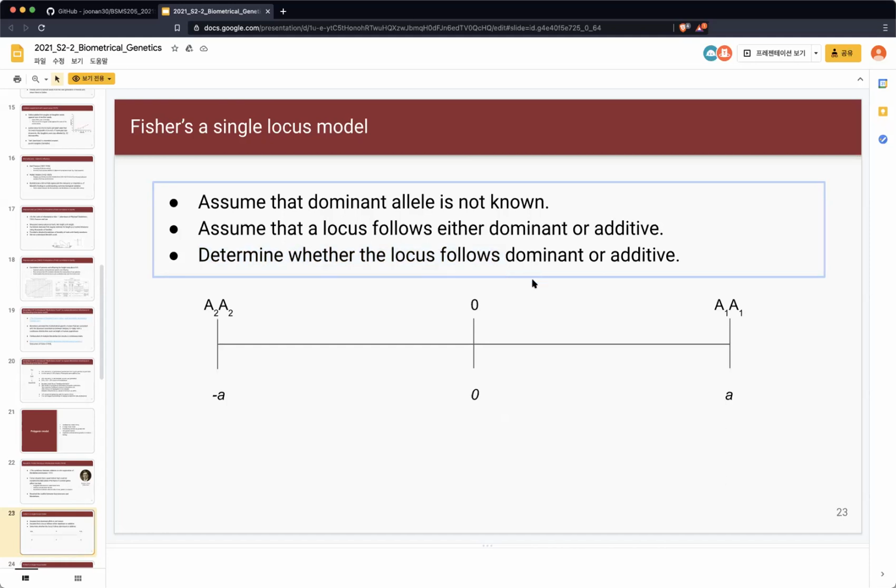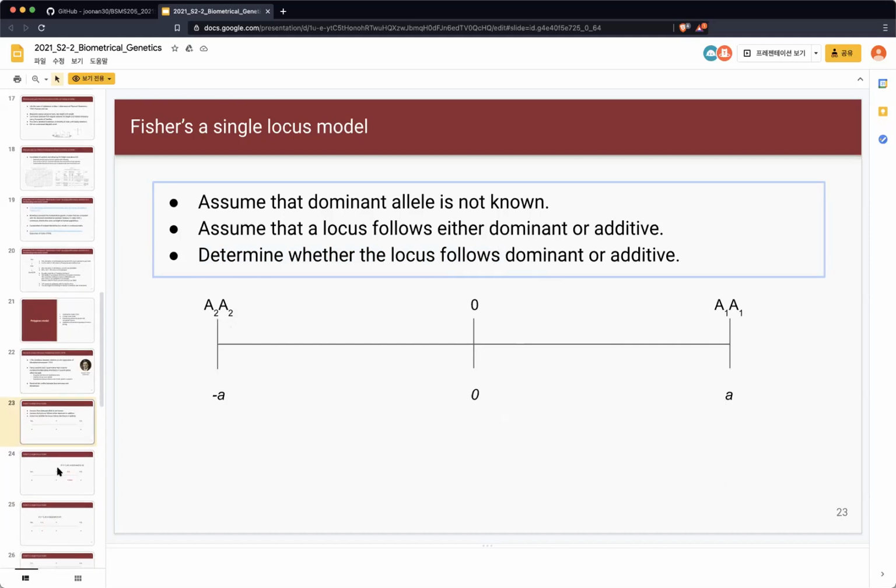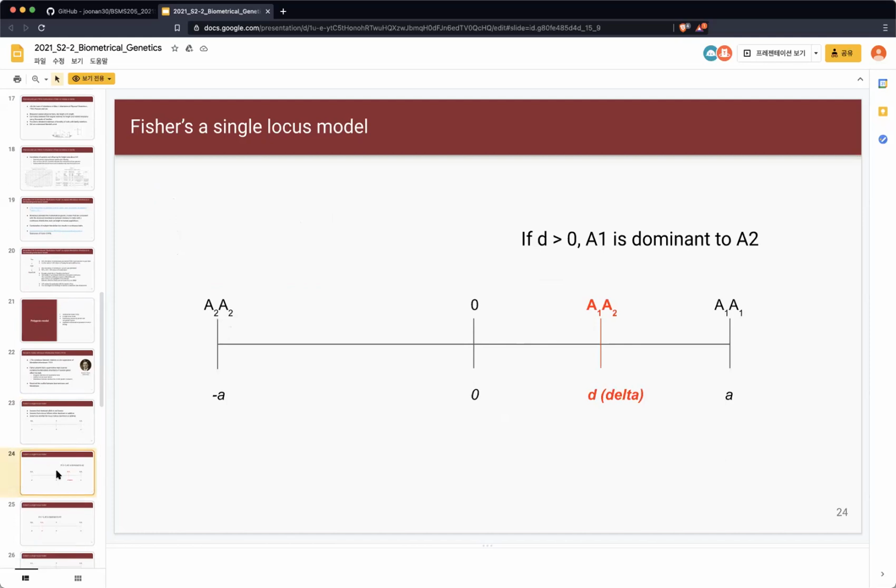So what we can have is an A1 allele or an A2 allele. So it can form the A1A1 genotype, the A2A2 genotype, or the A1A2 genotype. Okay, so let's think about the heterozygous A1A2 genotype, and it has a phenotype value somewhere between 0 and a, right? So let's say the homozygous phenotypes are minus a and a, and the heterozygote phenotype is somewhere between 0 and a.